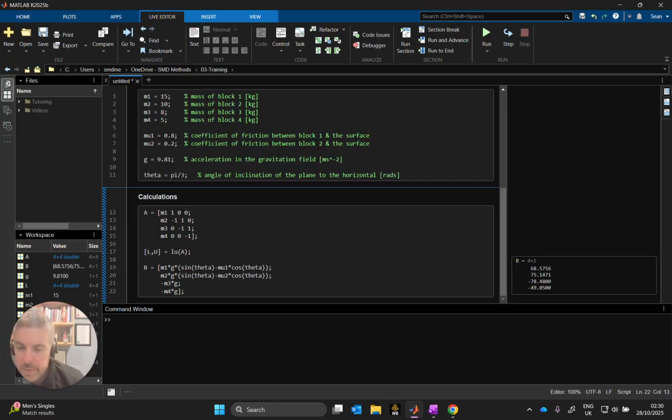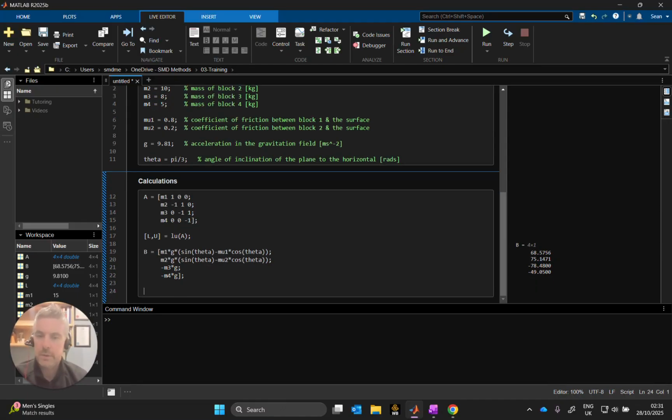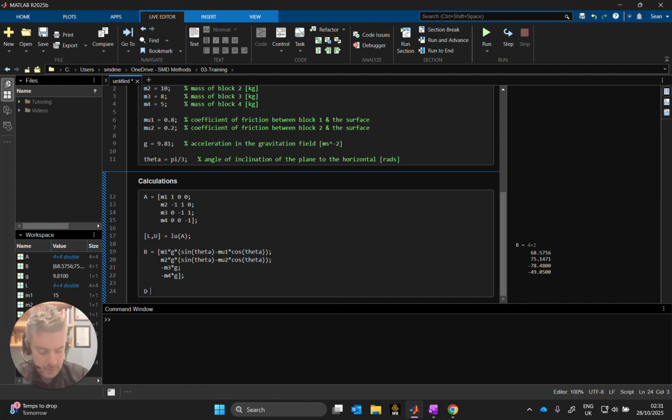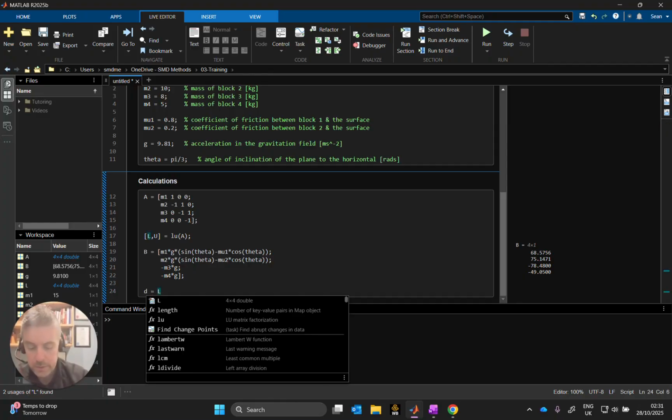Alright, so we have A decomposed into a lower and upper component, and I have my forcing vector there, B. So in LU decomposition, what we do is we solve for this intermediate column vector. In Numerical Methods for Engineers, it's given as a D. So our d is going to be equal to, we take our lower matrix, and then we solve for this d by backward substitution.